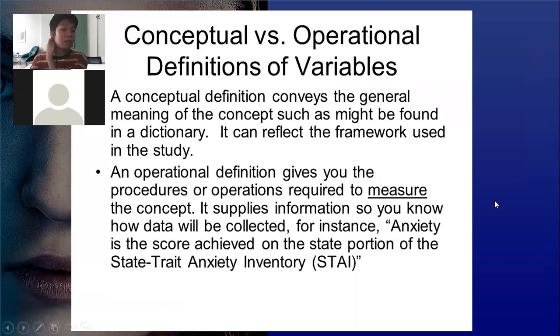Kasi conceptual definition conveys the general meaning of the concept such as might be found in a dictionary. It can reflect the framework used in a study. Itong conceptual definition usually can be found in a dictionary or in the related literature in your study.